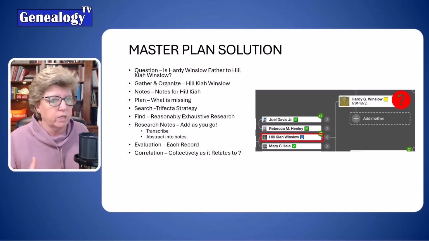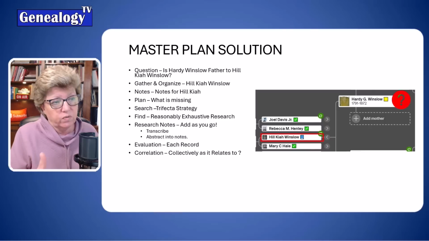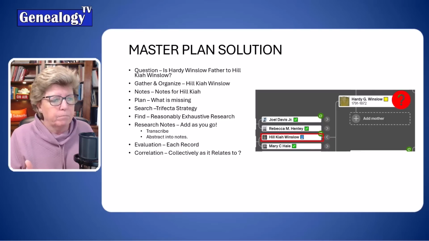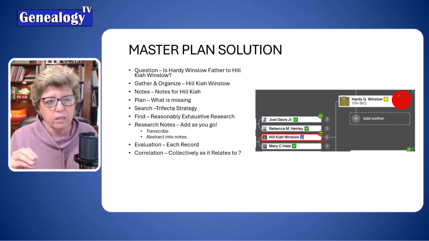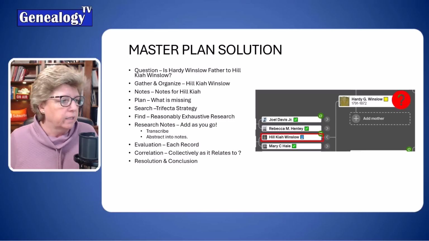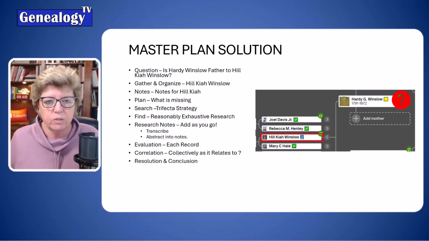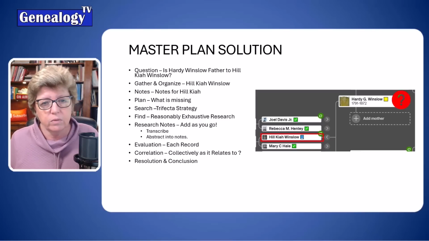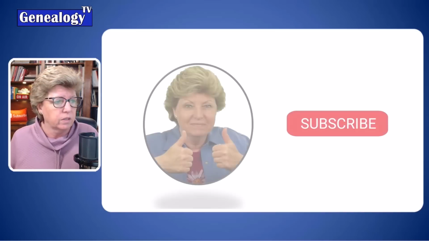So as we're doing this master plan, yes, we're putting everything into our research notes for Hill Kiah Winslow, but for the correlation part, we're only pulling those records as they relate to our question about Hardy Winslow, okay? And then we're going to try to come to a resolution or conclusion to determine if Hardy Winslow is in fact the father of Hill Kiah.